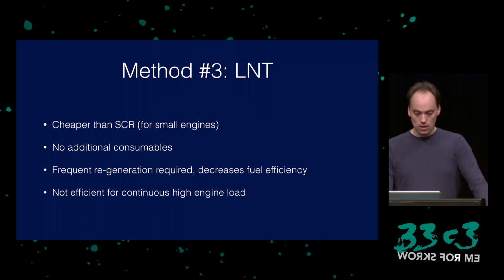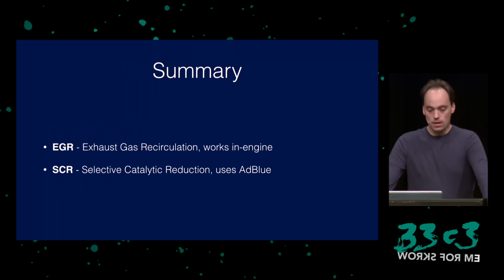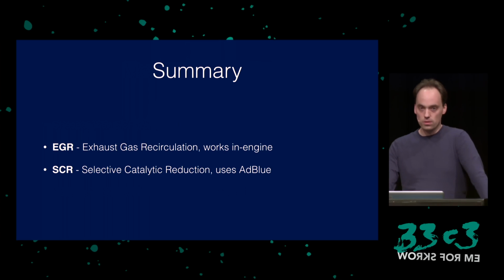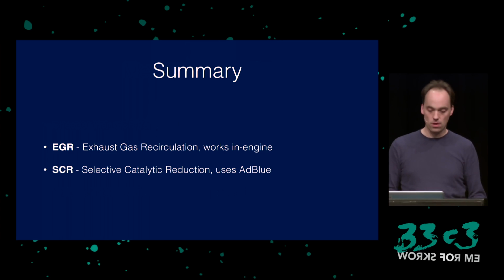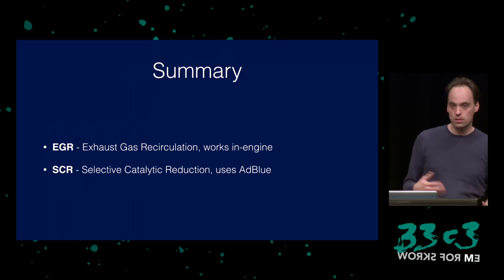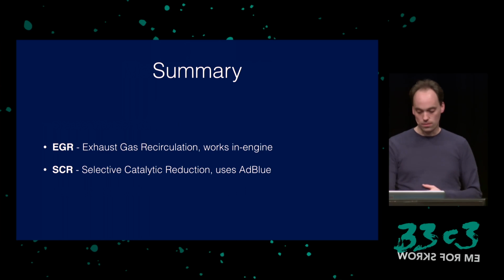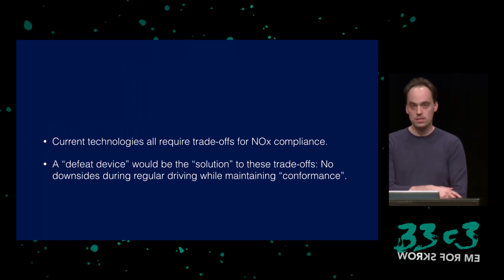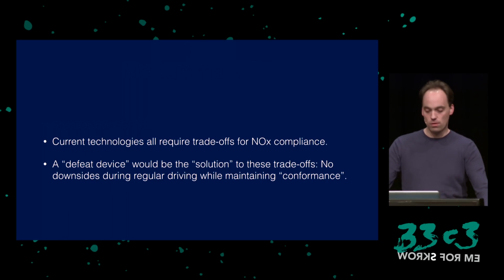For the sake of this talk, let's keep in mind that EGR is exhaust gas recirculation. That's the thing that operates within the engine. And then we have the SCR, the selective catalytic reduction, that uses AdBlue and is after the engine. We also saw that all these technologies have significant trade-offs for NOx compliance.